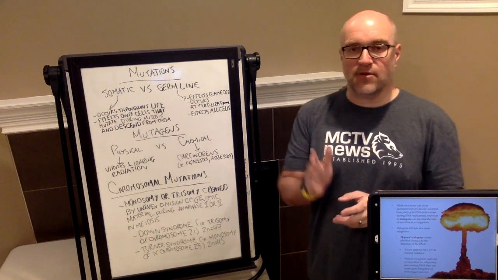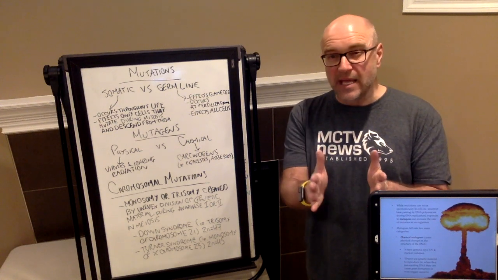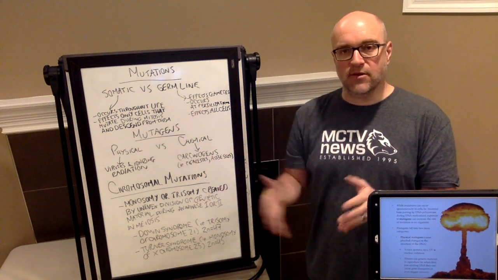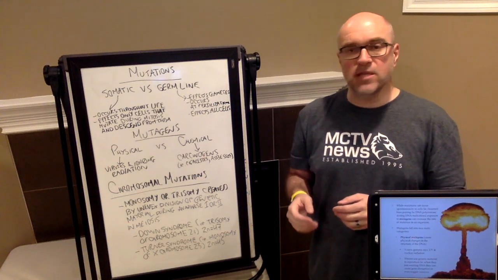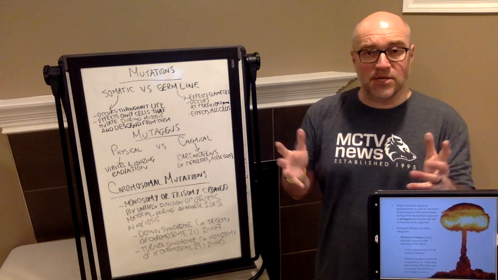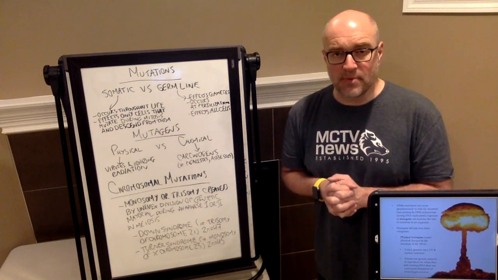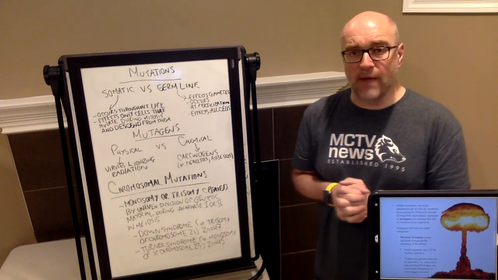And once you get past UVA, which is just beyond the visible light spectrum, you go into UVB, then you start hitting into ionizing radiation at the end of the UV spectrum, which would be UVC, and then going into X-rays, and then of course the most incredibly damaging ionizing radiation would be the gamma rays, which are the shortest electromagnetic waves that we've got.